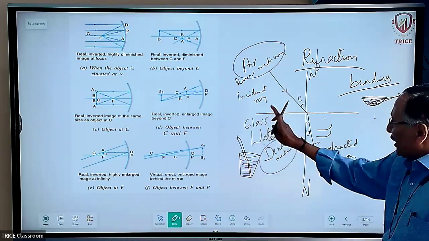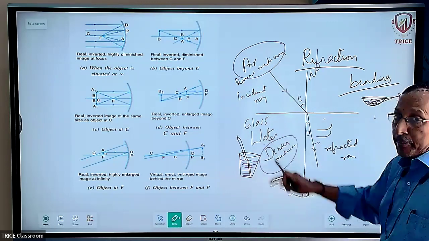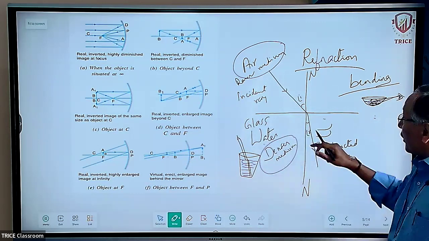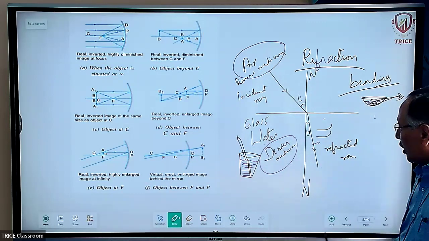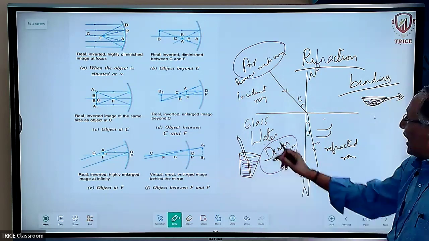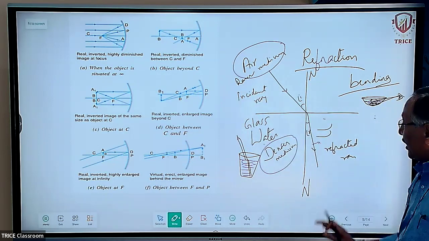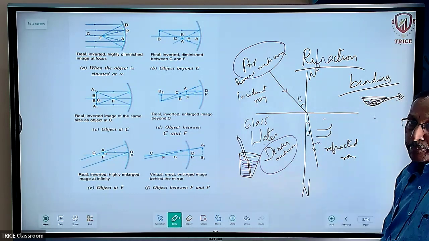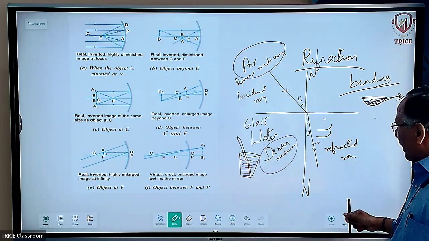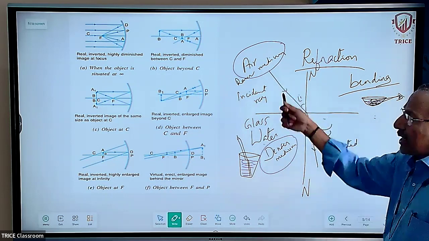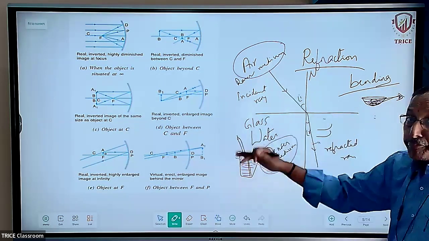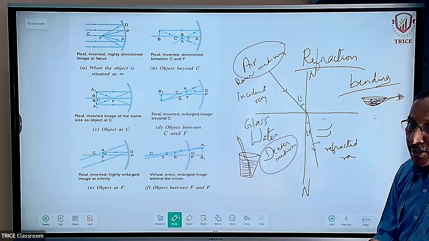So at the interface of two transparent media, we have drawn a perpendicular, which is called the normal. The opposite: when it travels from a denser medium to a rarer medium, it bends away from the normal. Right?